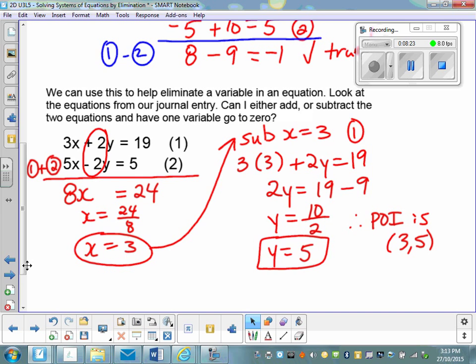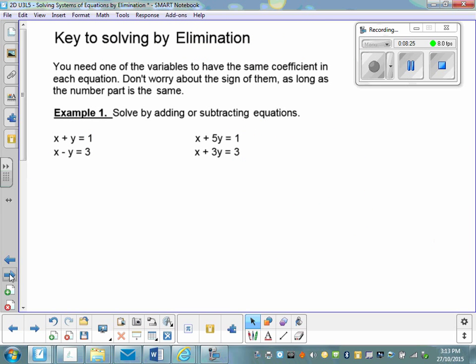All right? So let's take a look at the next example here. So the key to solving elimination, you need one of the variables to have the same coefficient in each equation. Don't worry about the sign, but the number part has to be the same. So here we actually have the same number in front of the x's and the same number in front of the y's. So we can eliminate either one of these variables.